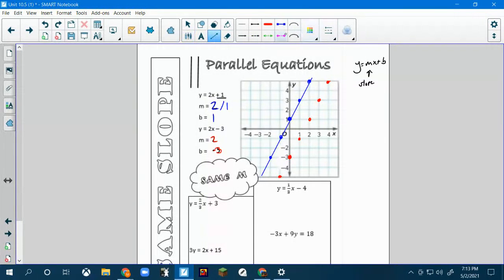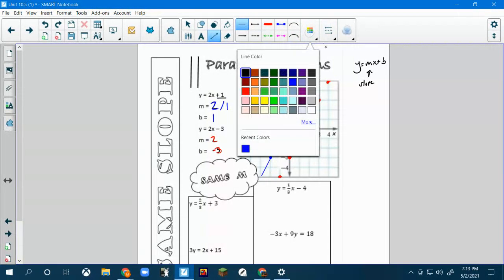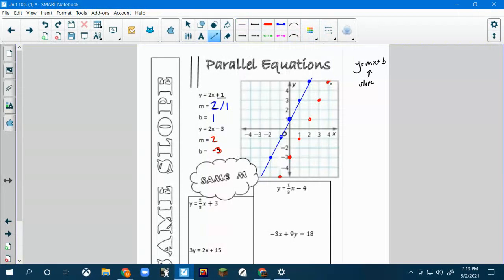Let's connect our points and make our line red. Looking at our two lines, they look pretty parallel to me. They are parallel.